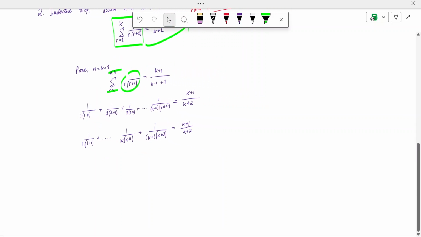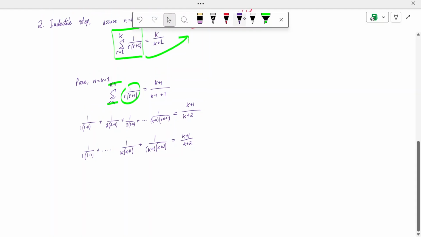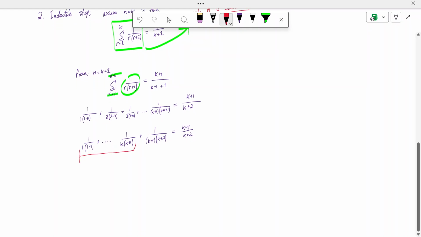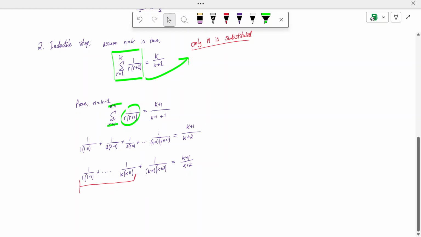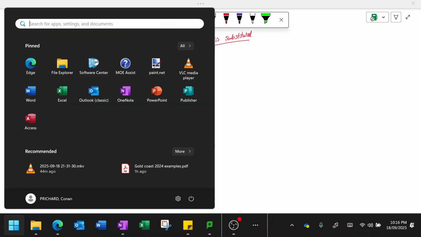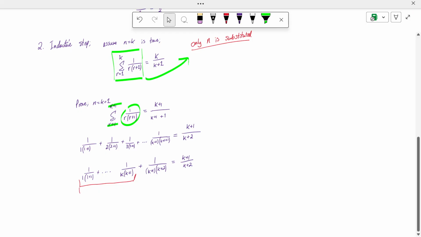This might not seem super helpful, but what I've just written down here is equivalent to... it's not great. That's funny. This term here is equivalent to all of this sum right here.